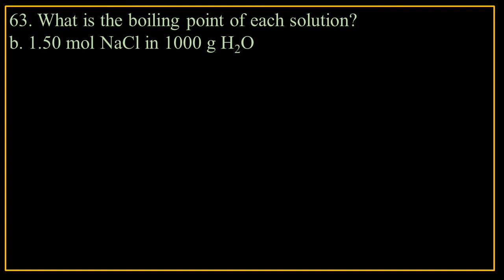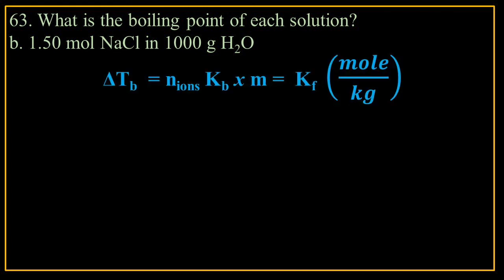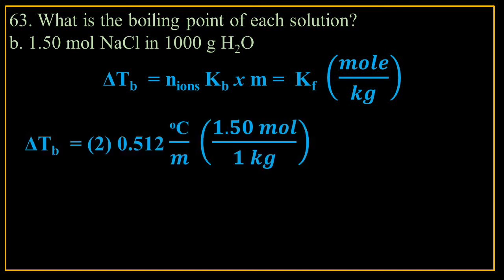What is the boiling point of each solution? B, 1.5 molar NaCl in 1,000 grams of water. So now we did A, let's do B. Well, there's the equation. Don't forget that the number of ions is going to be 2, so that mass is going to have a bigger influence. So it's going to be 2 times 0.512 times 1.5, all in 1 kilogram, and that will be the change in boiling point, which is 1.536.